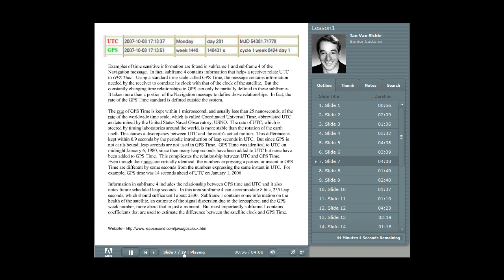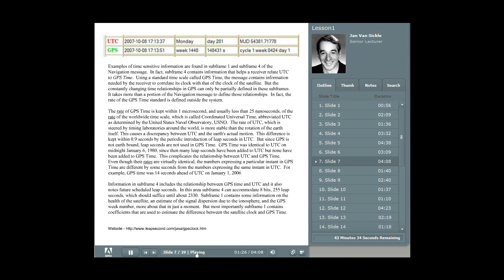Now, since GPS is space-based, since the satellites are orbiting the Earth, the decision was made that GPS time would have the same rate as UTC, but it would not use leap seconds. So, on January 6th, 1980, it was decided that GPS time and UTC would be exactly together. They would be the same.